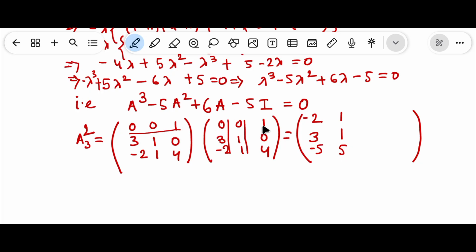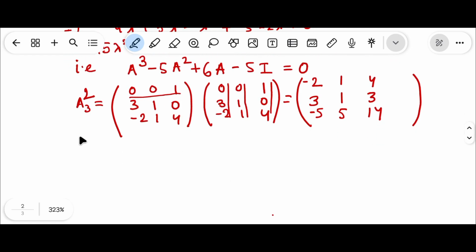Now I am multiplying with the third column. So 1 into 0 is 0, 0 into 0, then 1 into 4 is 4. Now 3 into 1, then 1 into 0, then 0 into something, so that is 3. Now -2, and 0, and 4 fours, that is 16. So 16 - 2 is 14.